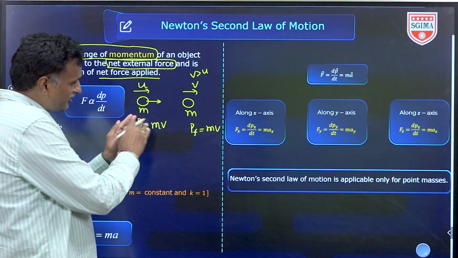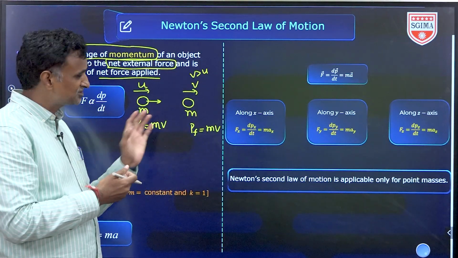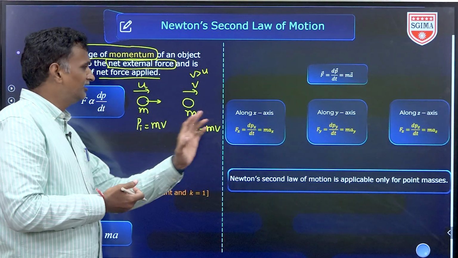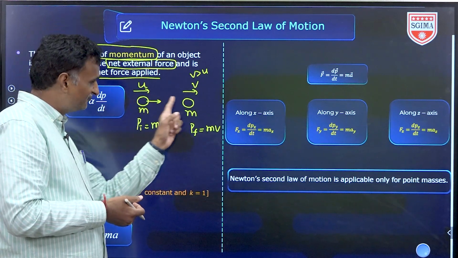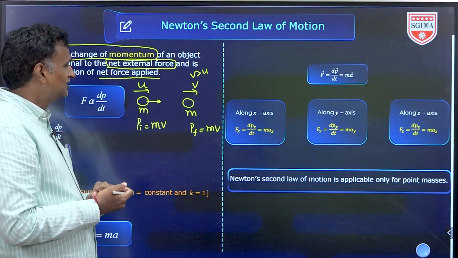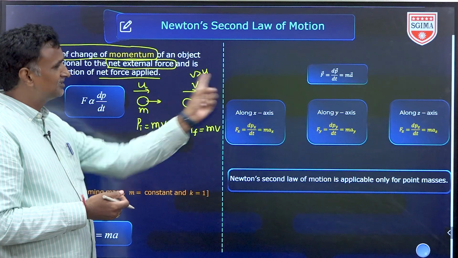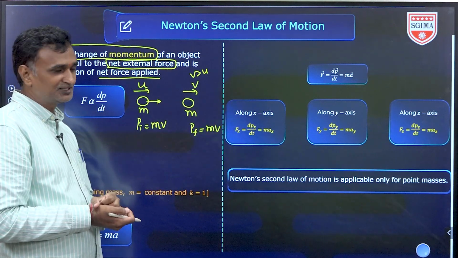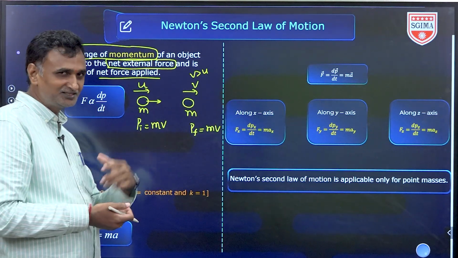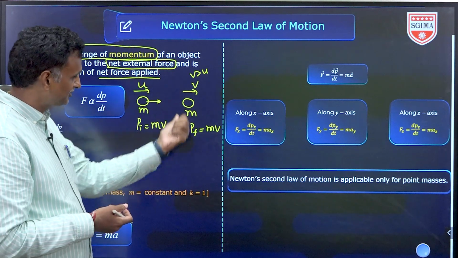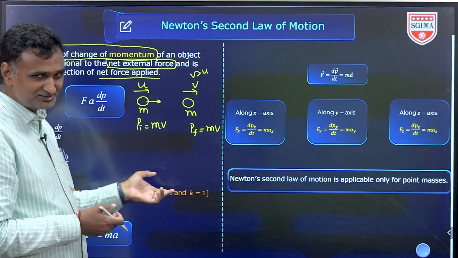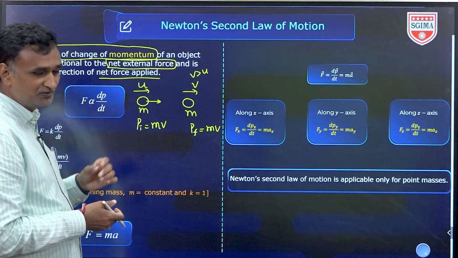So now a change of momentum has taken place. Why is momentum changed? Because of the force applied. The direction of velocity change is also to the right, and change in velocity with respect to time gives you acceleration, and acceleration into mass gives you force.